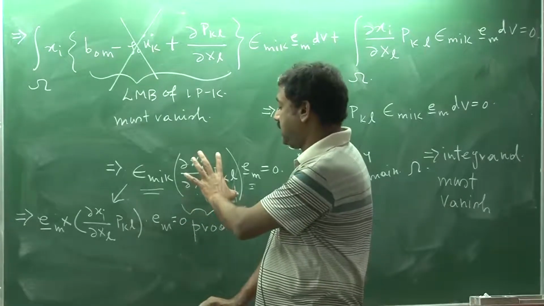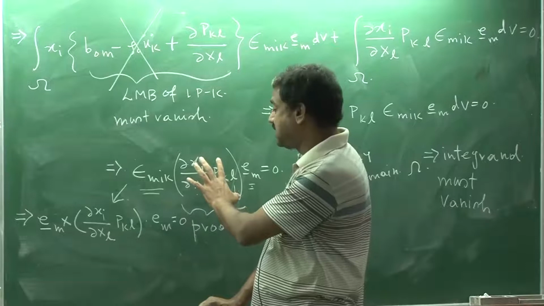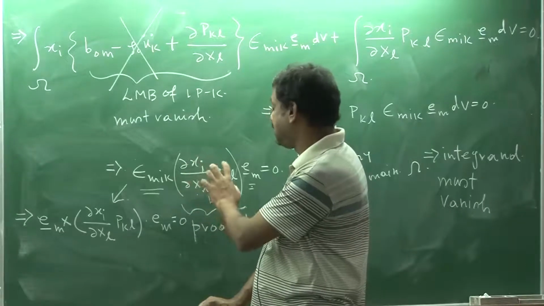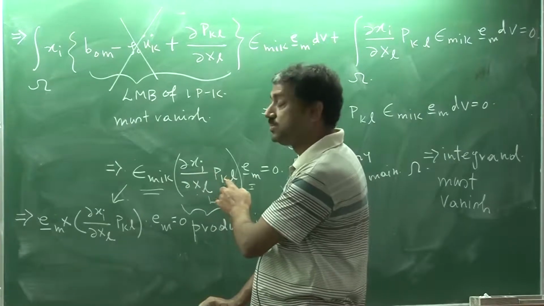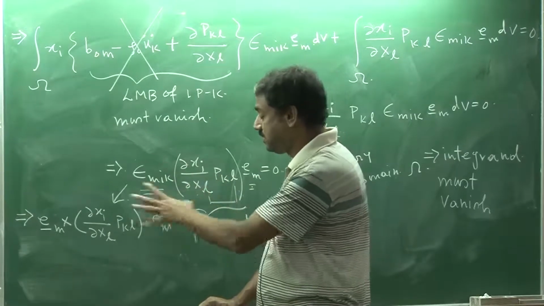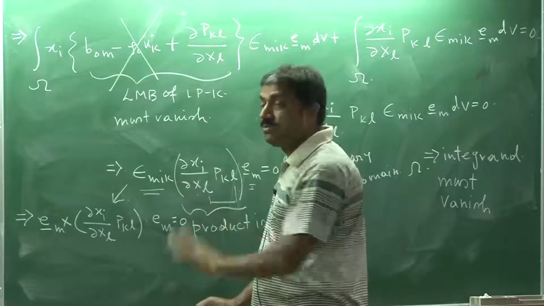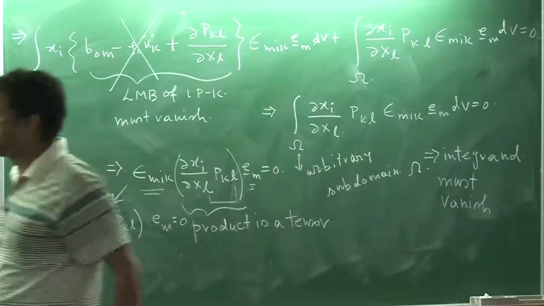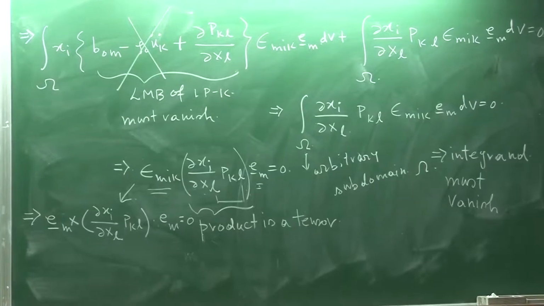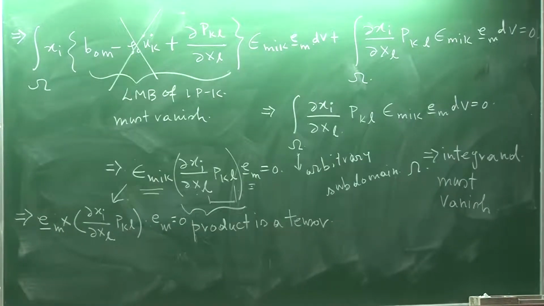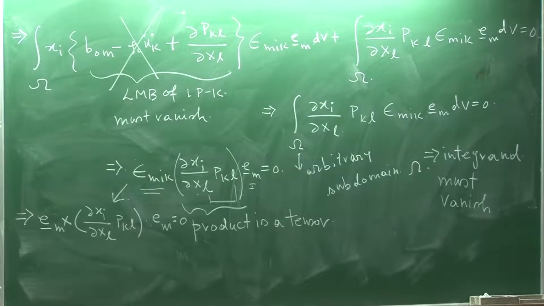Mind that this product is a tensor along with the unit vector m, and i k is also there. So, if you expand, this product itself will be a symmetric tensor. So, now come back here. Ultimately, the derivation is a little involved, but the ultimate relationship is very simple.